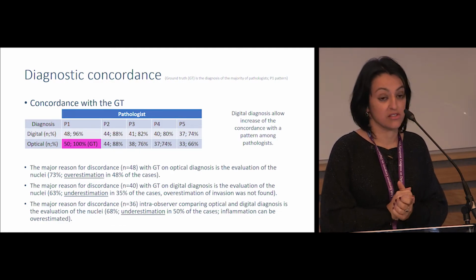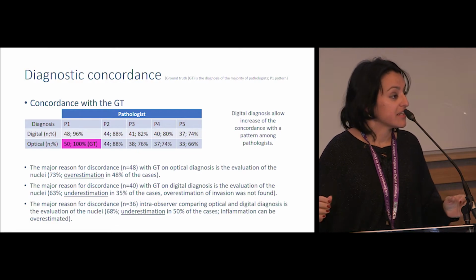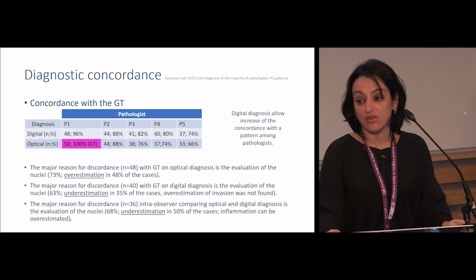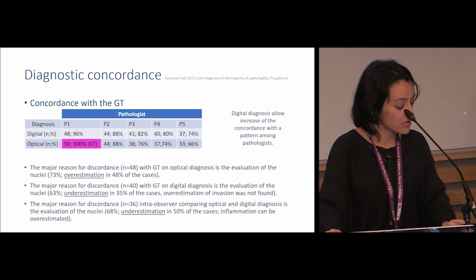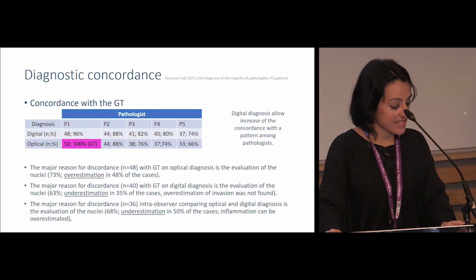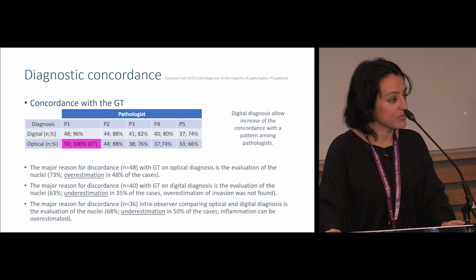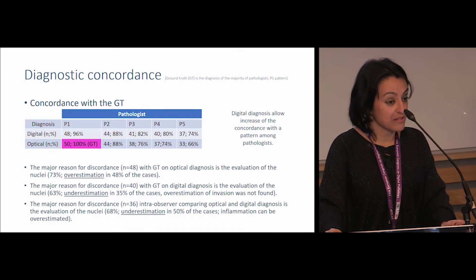And we realized that pathologists really don't agree. It's not that bad when we compare with the 40% that was achieved before in the other study that I showed you. The pathologists that agreed least with the pattern had 66% concordance in the optical. But if you take a look at the digital performance, it's amazing, it's better.